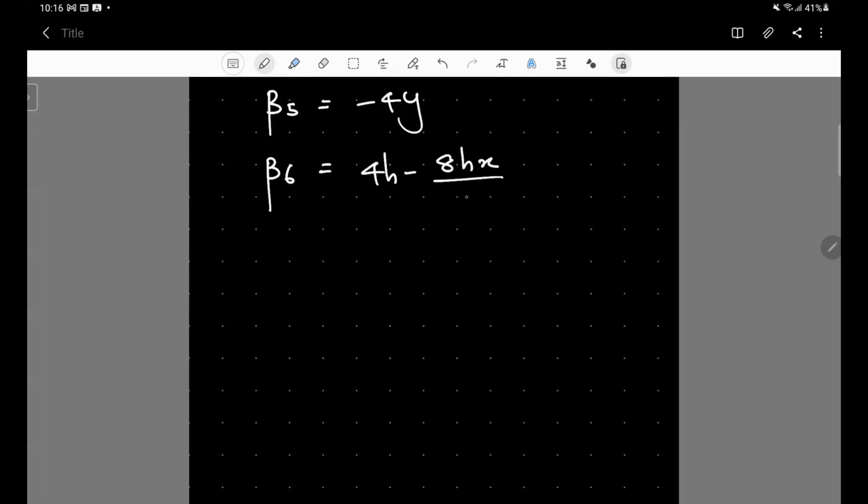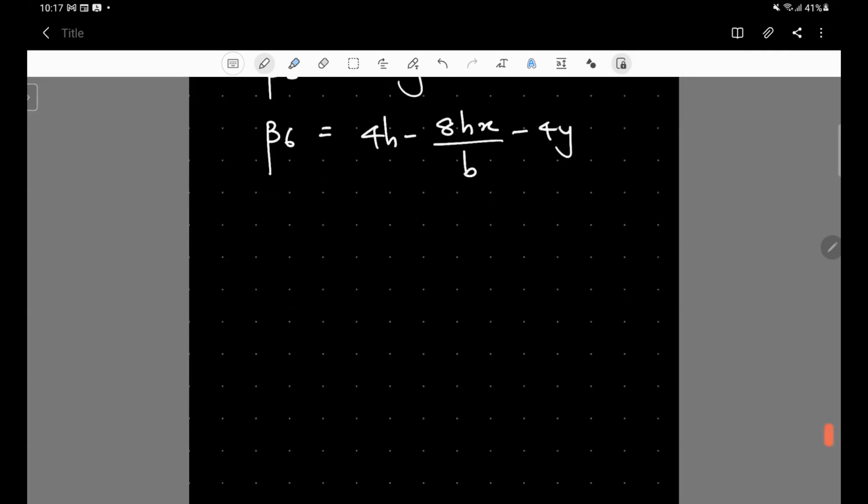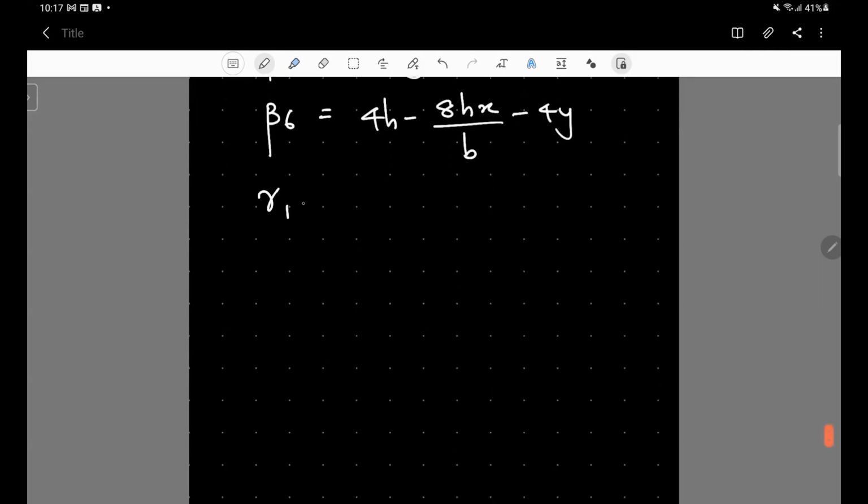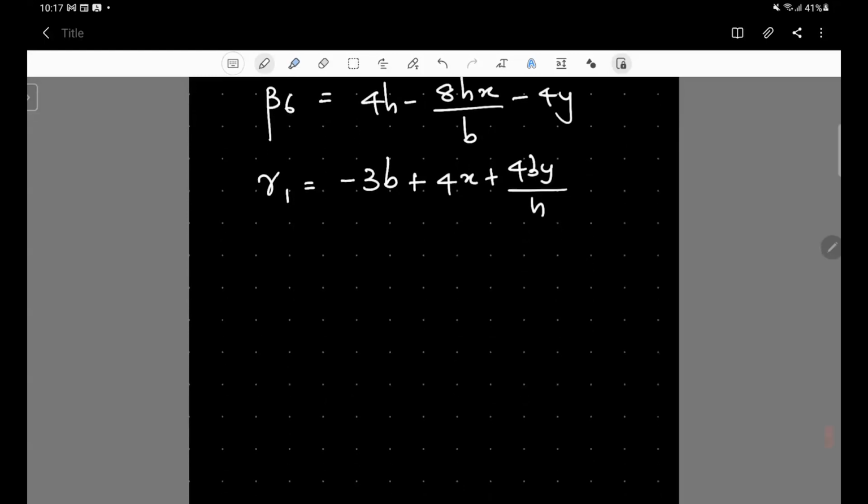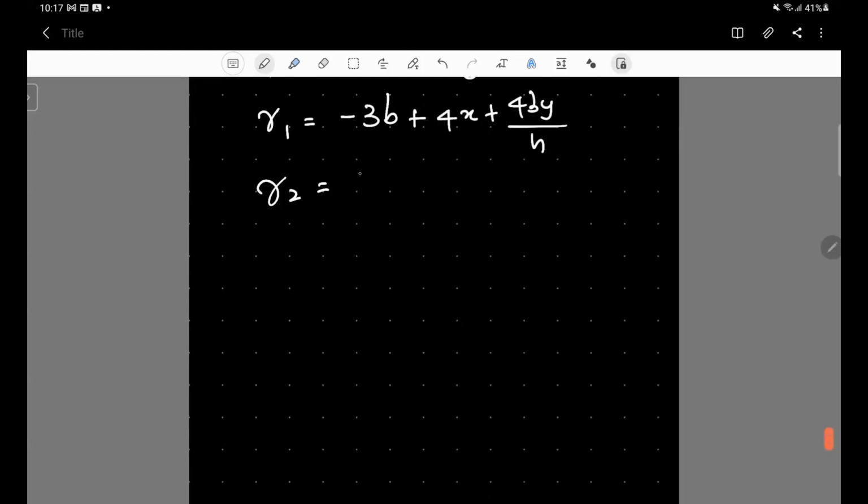But no matter how complicated the element gets, the procedure is the same for all types of elements. This is what I want to motivate you. So 3b, the gamma terms now, they are again functions of x and y. Gamma 2 is 0.